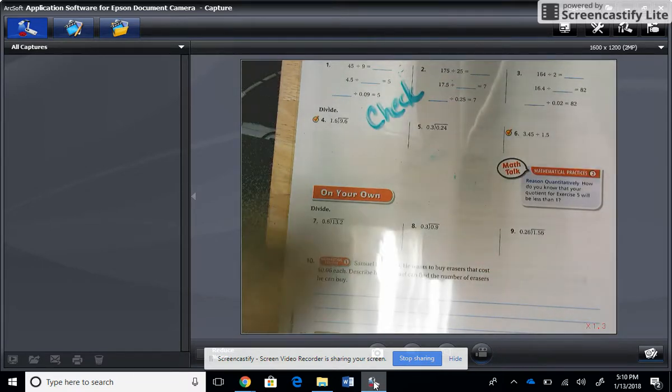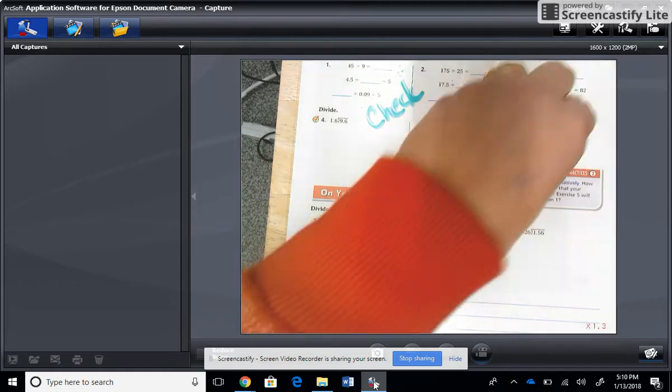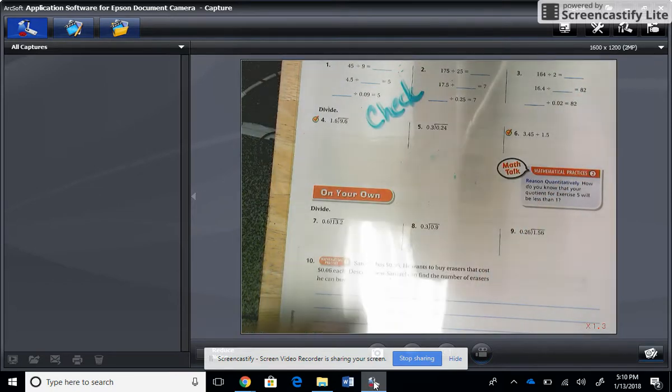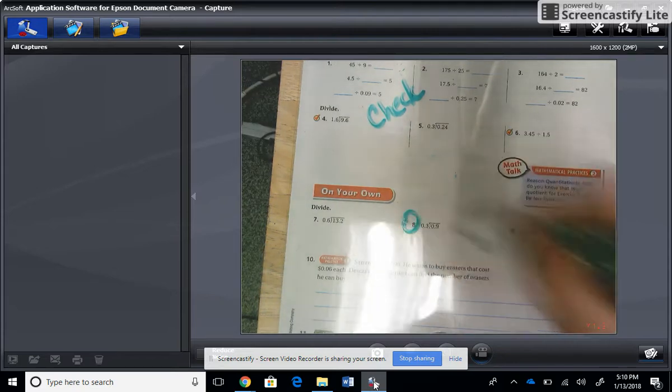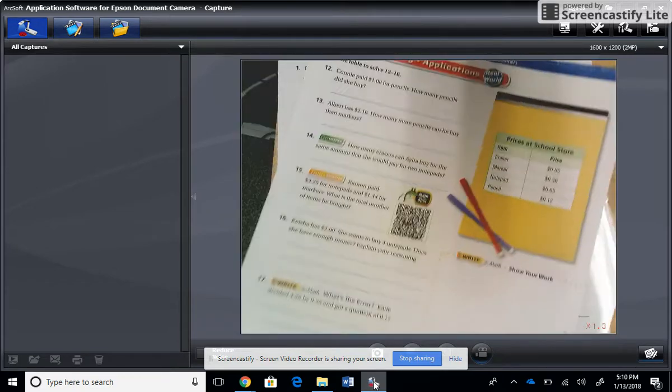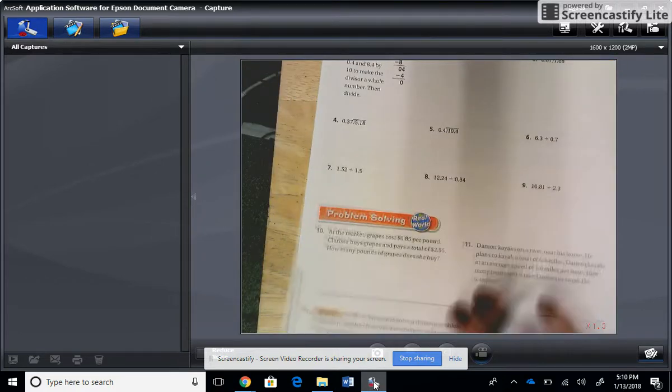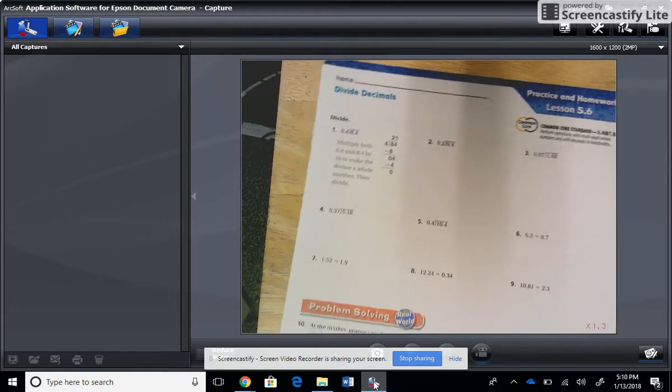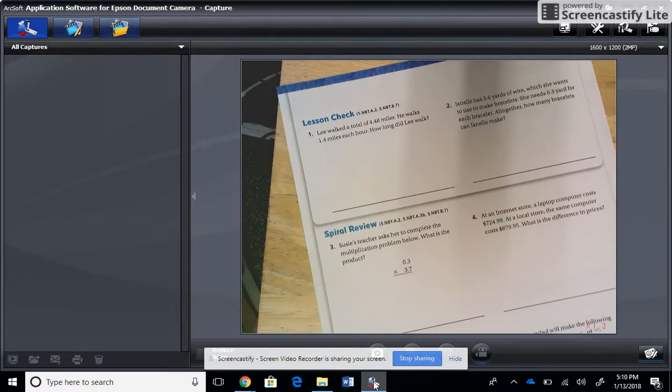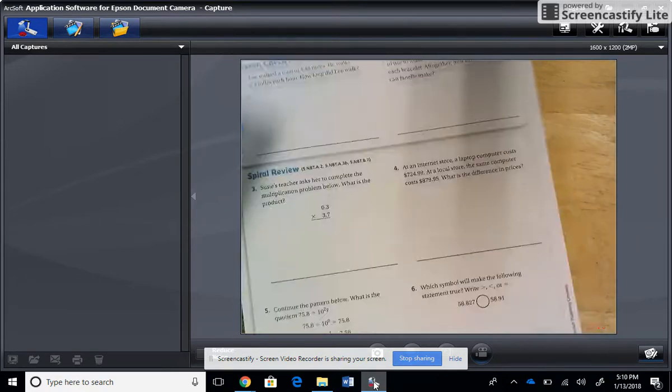We know how to do that. I want you to do this row here. On your own, I would like you just to do number 8. All right, and then if we have time, we'll come back. Evens, 1 or 2, and all.